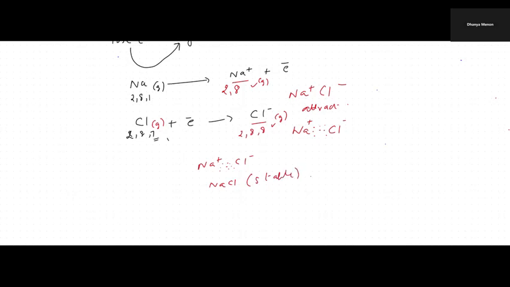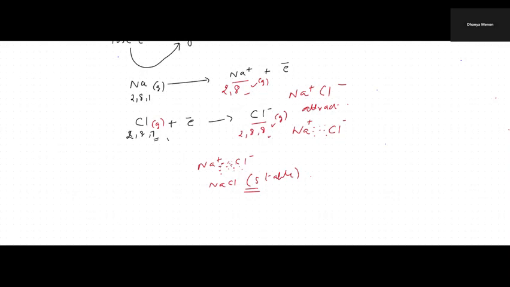That is why even though in the gaseous state they have attained the noble gas configuration, they are not very stable there. So sodium ion attracts the chloride ion to form solid sodium chloride, which is stable. Here the ionic bond is nothing but the strong electrostatic force of attraction between the oppositely charged ions that keeps them together in a bond.